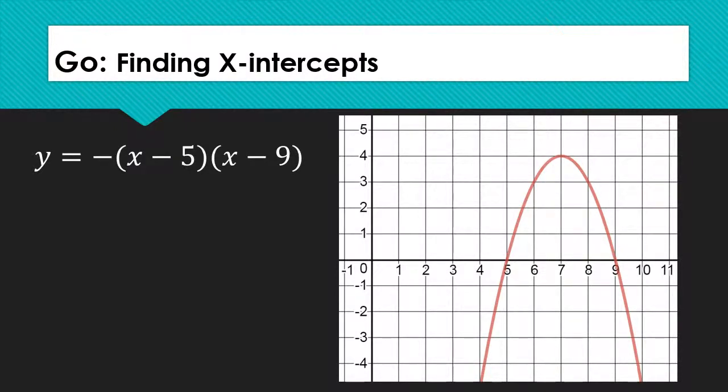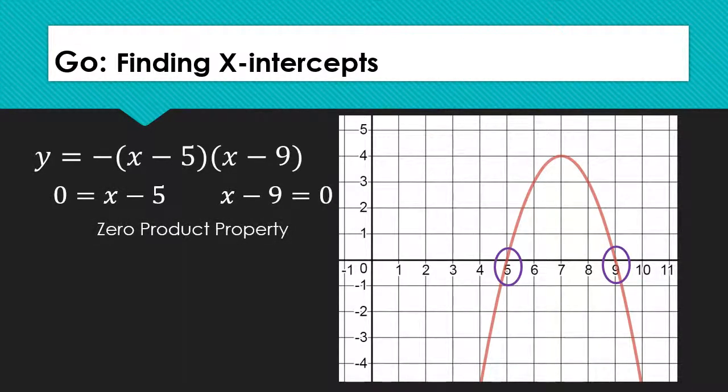In this first example, we're starting with a function that's already in factored form, and the two linear factors, x minus 5 and x minus 9, are each going to be set equal to 0, using that zero product property. We know that y has to equal 0 for all x-intercepts because the points are located on the x-axis where our y value is 0.